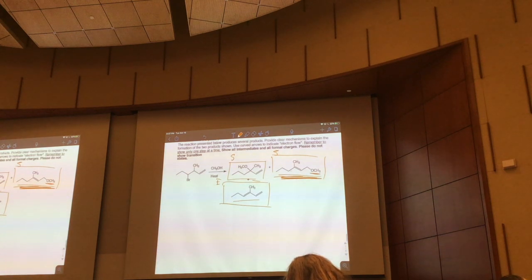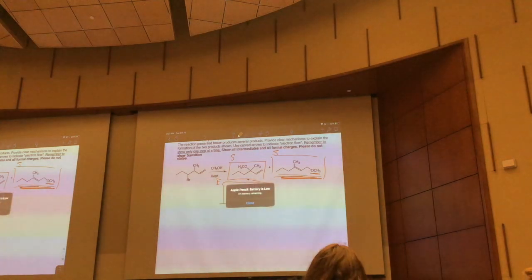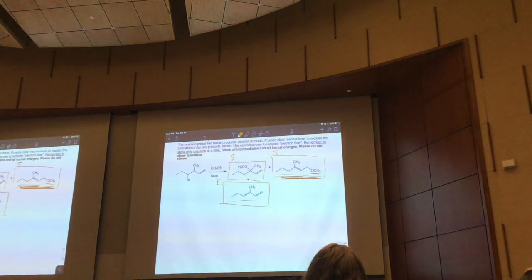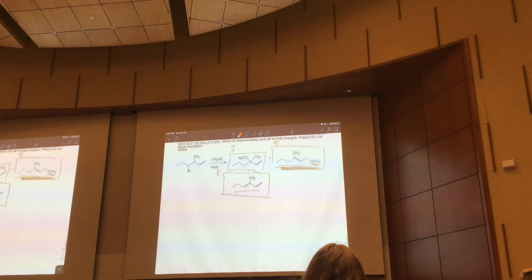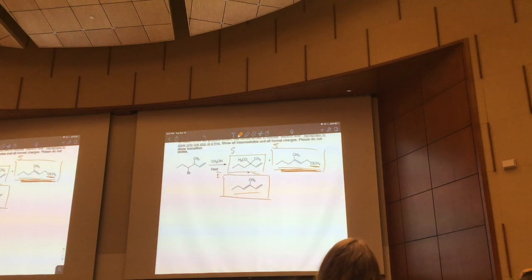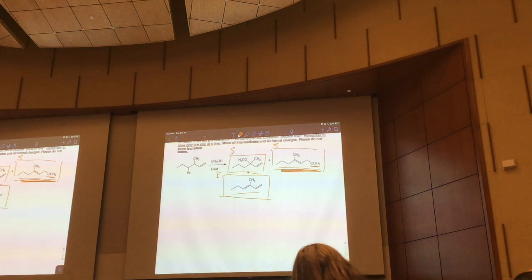So notice we have a combination of substitution and elimination. What does that kind of hint at? I mentioned it earlier. It's probably going to be first order. So we have 2 substitution products, 1 elimination product. If you have a mix like that, it's probably first order.